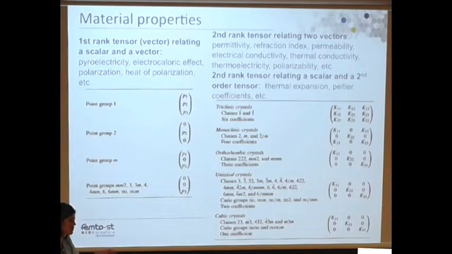If you relate second order, which has 9 coefficients, with the first order, which has 3 coefficients, you need 9 times 3, 27 coefficients. If you relate, for example, deformation to stress, deformation is a second order tensor with 9 coefficients, stress is a second order tensor with 9 coefficients, so it relates through elasticity, and you have 81 coefficients.